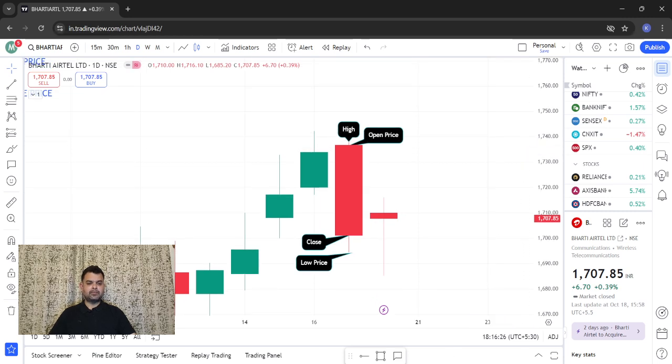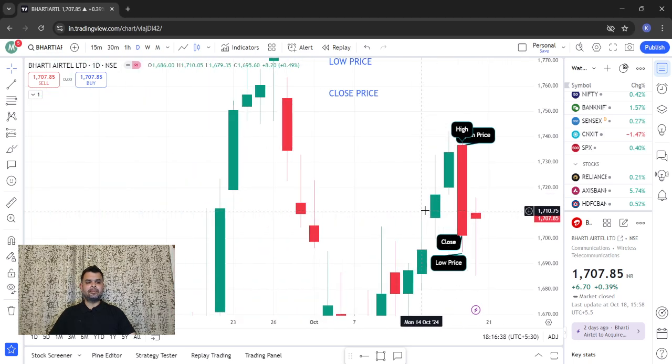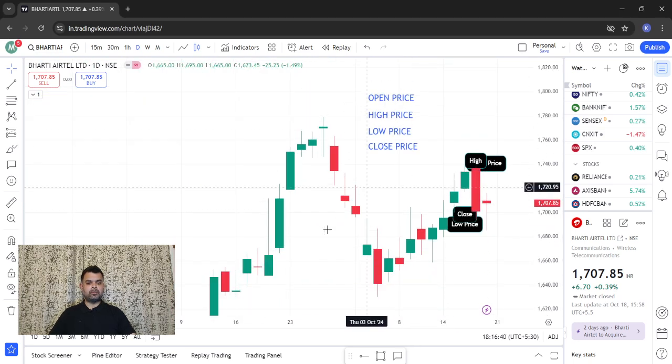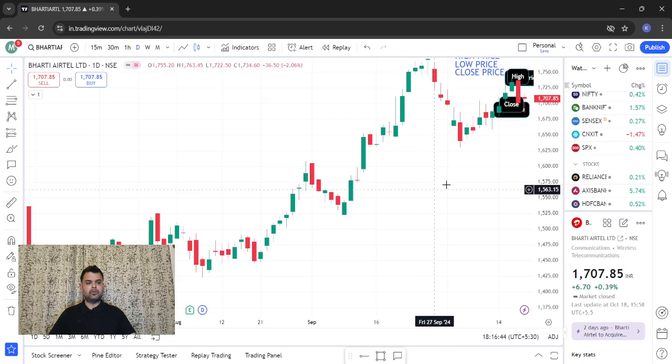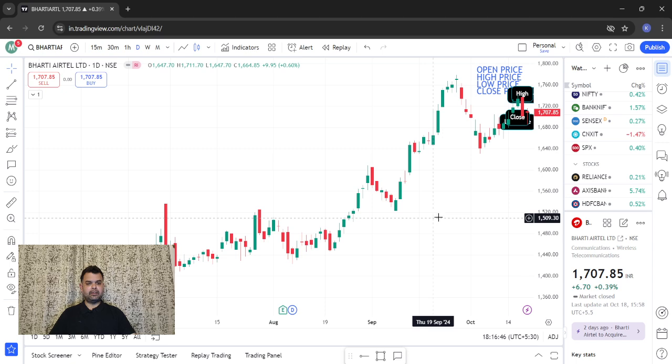Now, as I discussed earlier, the magical moment of the price. We can zoom in and zoom out the prices to go back to the date we are looking for.